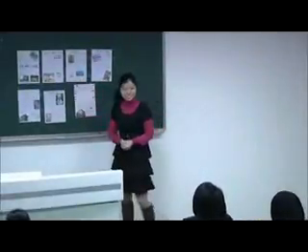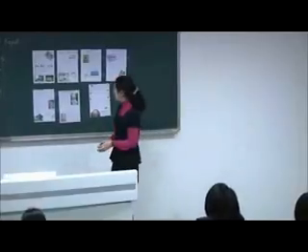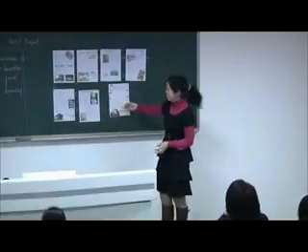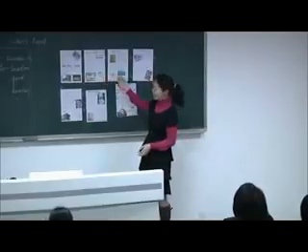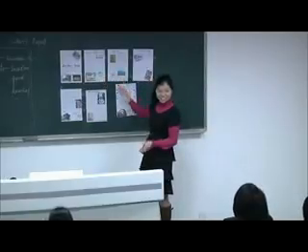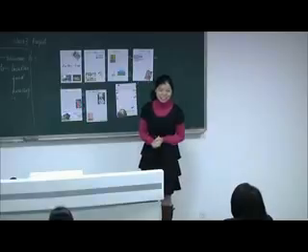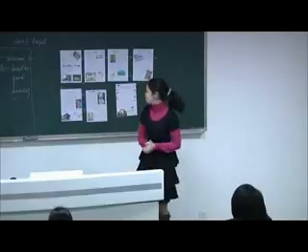Or this one? Which one? This one? No? No. This one? No. And this one? No. Okay, it's hard to decide which one is the best one, right? Okay, each group will get to present after class.